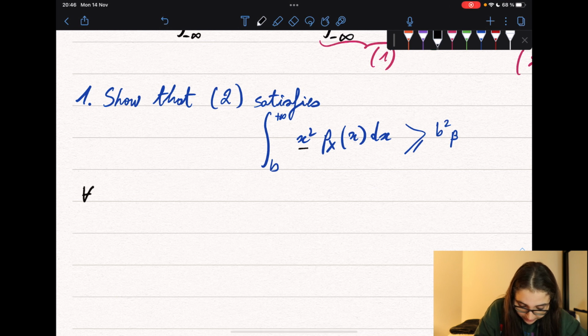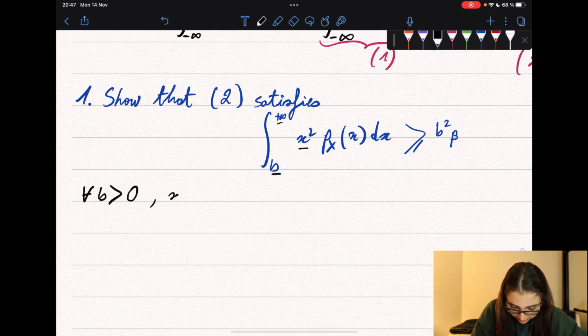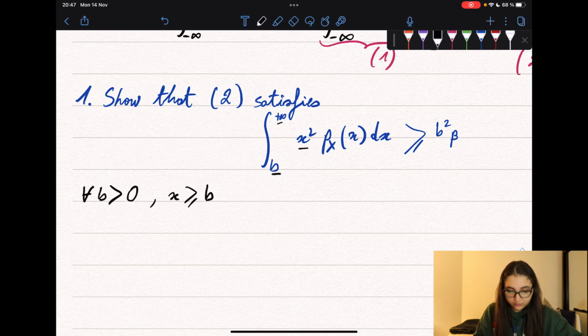We're going to consider b strictly higher than 0, and the x that we are integrating over will range from b to plus infinity, which means that x is higher or equal to b. And this is all we're going to start with.